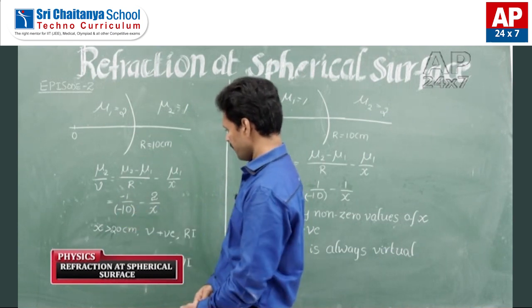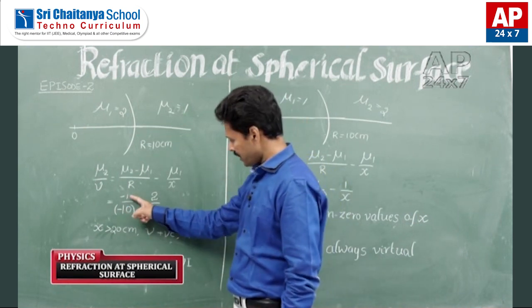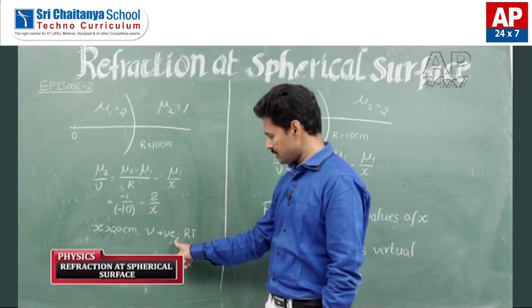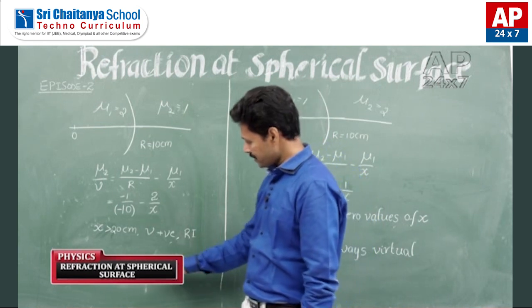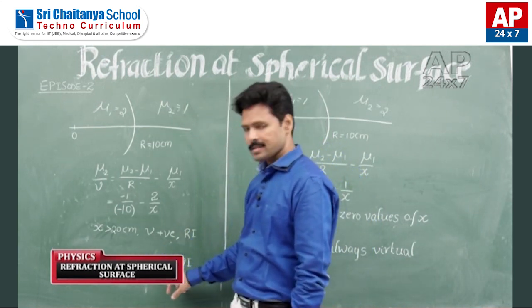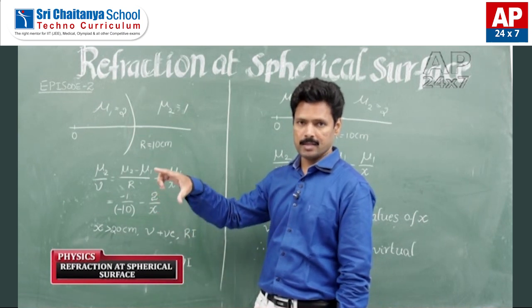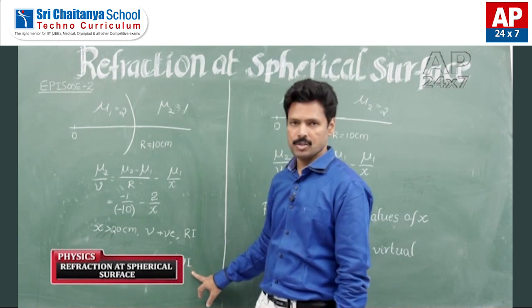So it is now, if x greater than 20, see carefully, x greater than 20, v value positive. That means we are going to get a real image. If you take x less than 20, then v is negative. That means rays will diverge. If you extend them back, we get image. So it is now a virtual image.